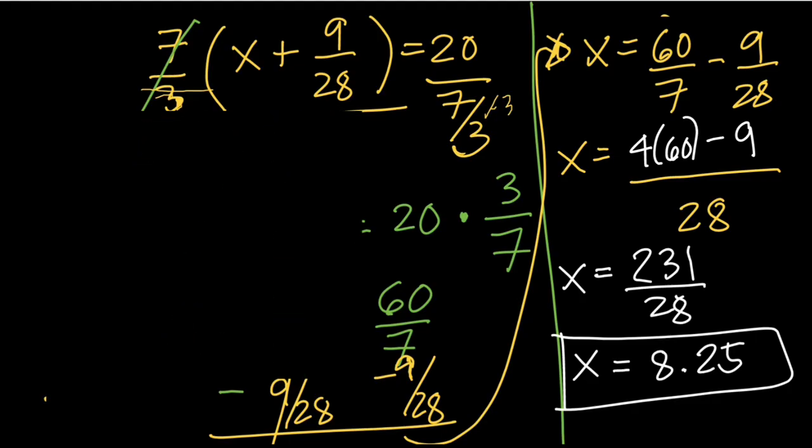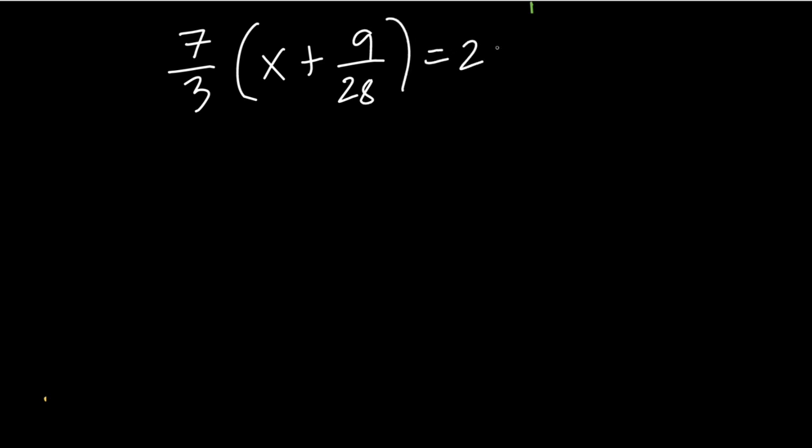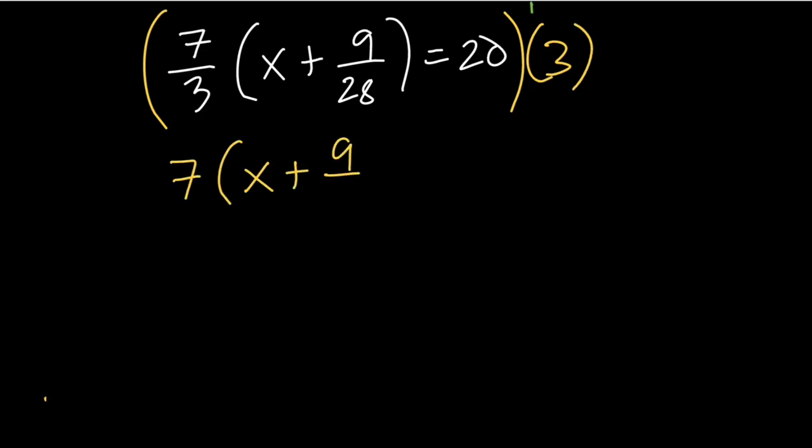You want to do it with that one, multiplying both sides by 3. See, x plus 9 over 28 equals 20. So when you multiply it by 3, this would become 7 times x plus 9 over 28 equals 60.